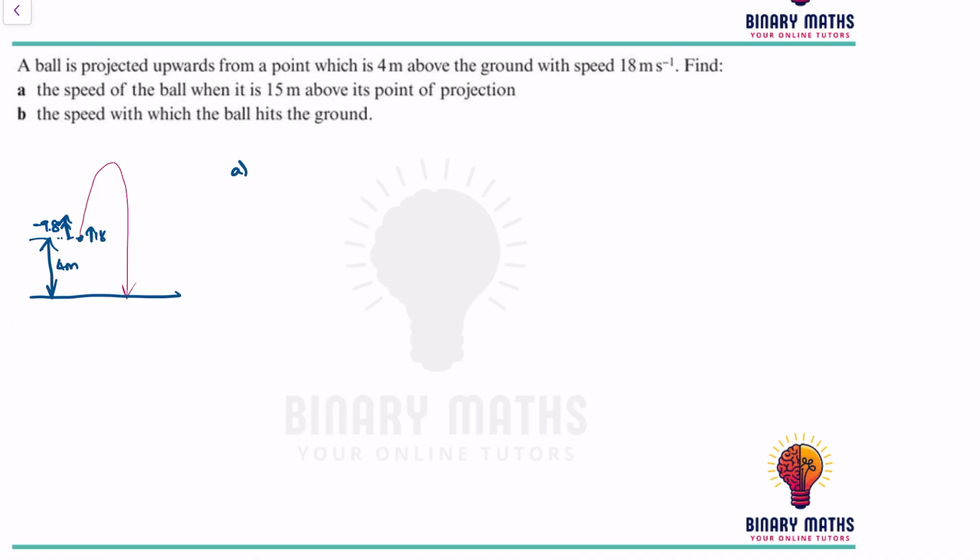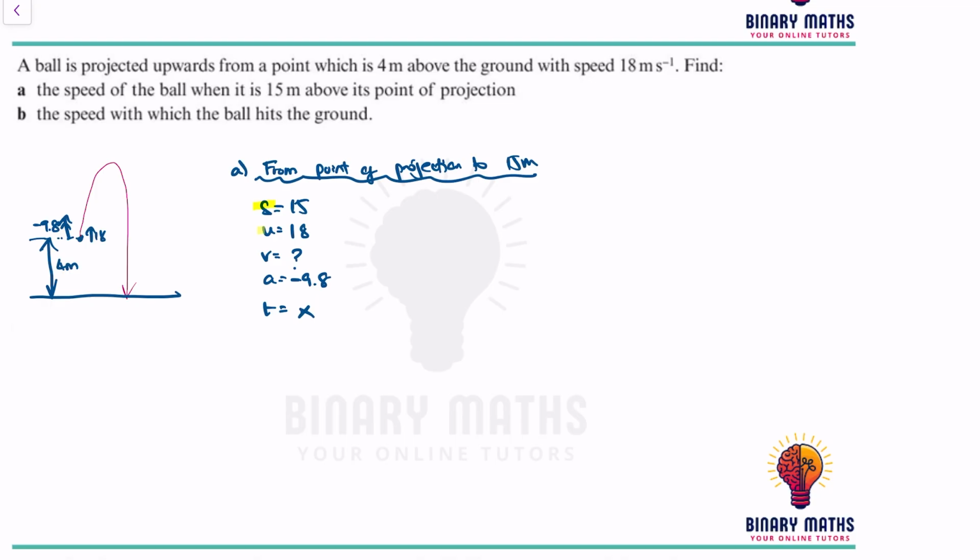Okay, so from the point of projection to 15 meters, I know the displacement is 15, the initial speed is 18, and I'm trying to find the final velocity. The acceleration is minus 9.8. I don't know the time. So S, U, V, and A, which means V squared is equal to U squared plus 2AS.